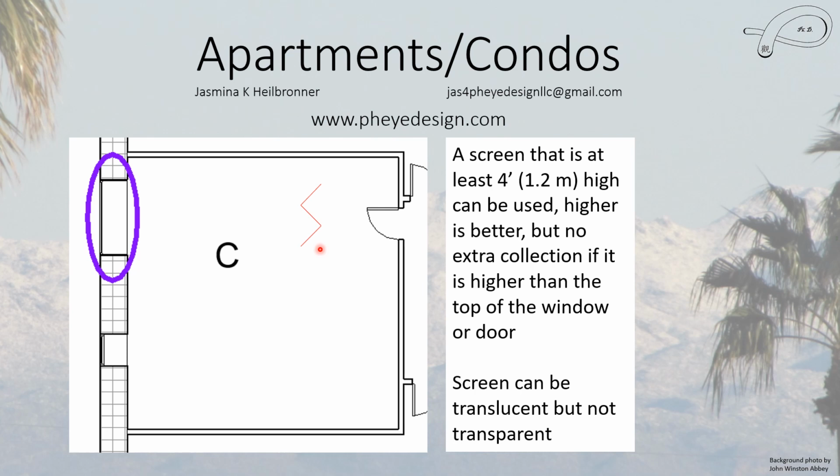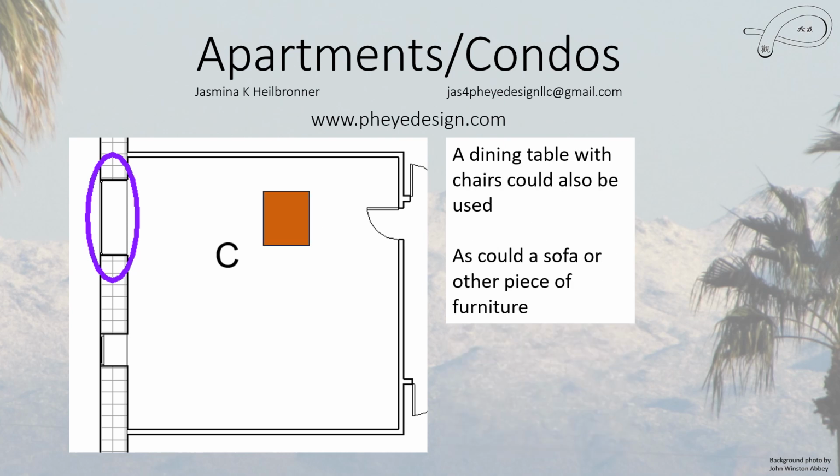And you don't want to be able to see through it, so you don't want a glass screen, but you could have a fabric screen that's translucent, that is, you can see shadows behind it, but you can't make anything out. That's okay. That's enough to block the energy. And whether it comes in from the door, it'll collect here. It won't just shoot out, or if it's here, it'll collect here, and then it will go to the rest of the room, or the apartment.